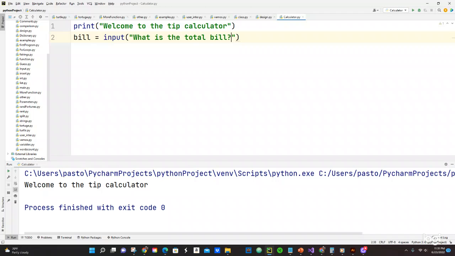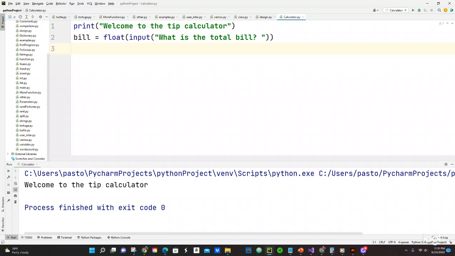Now the answer for the total bill we're going to be converting for math, which means it can't be a string. So we have to use float in here. Okay, we got float. That will help us out.